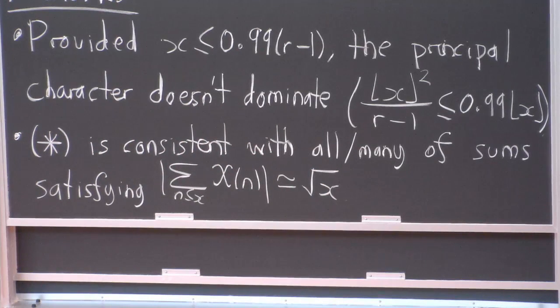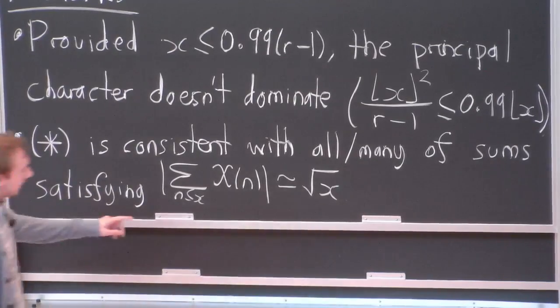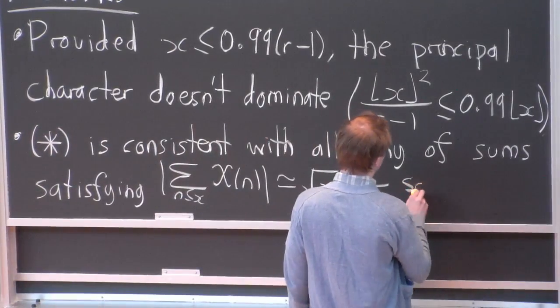Okay, so if they were all root floor of x, then that's exactly the answer that you would get. We know there's at least one where that isn't true because the principal character is in the sum. But if at least many of them were about this size and not many of them were too much bigger, you get the answer in star. And this is square root cancellation.